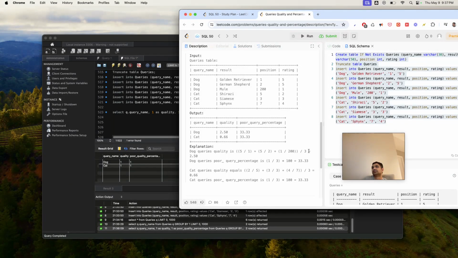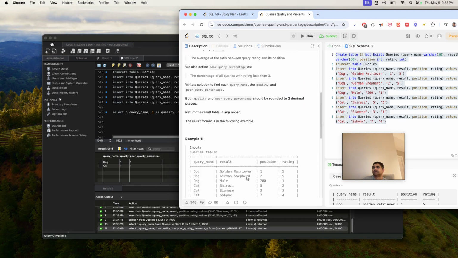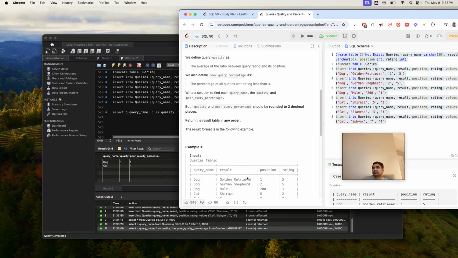Here you got 2.50, that's okay, I'm okay with that. But how are these things happening here? Here 1 by 3, 33%. So how is this 1 by 3 coming? That's what you need to be aware of.